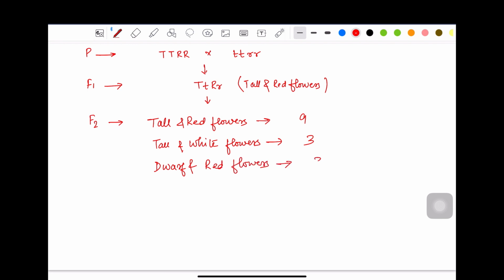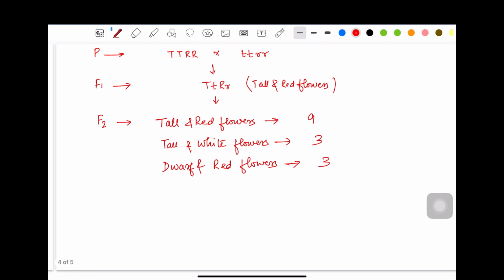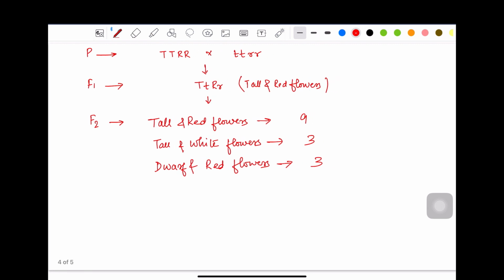So we are making all possible combinations that can arise. And the least probable one is dwarf and white flowers. That is 1.